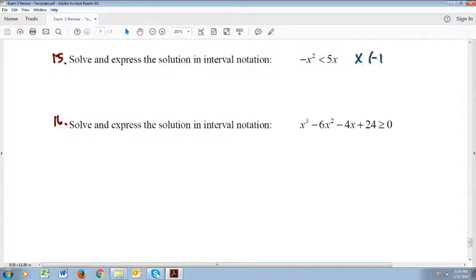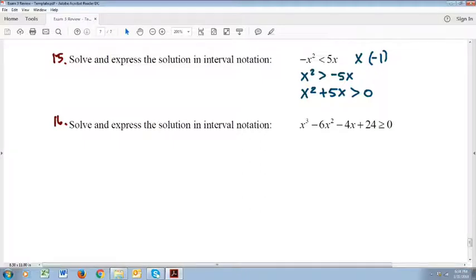So this becomes x squared is greater than -5x. All I did was multiply each side by -1. Again, I got to reverse the symbol. And we need 0 on one side, so let's go ahead and add 5x to both sides. And so we get x squared plus 5x is greater than 0.